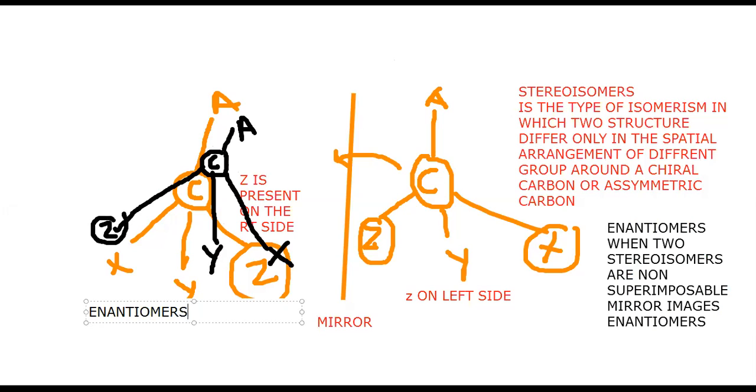This type of enantiomerism is a special class of stereoisomerism in which the two stereoisomers are non-superimposable mirror images of each other.